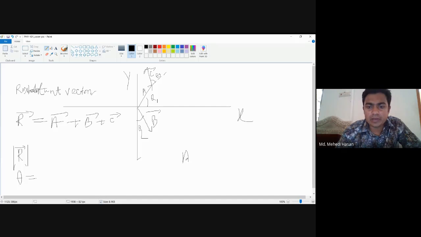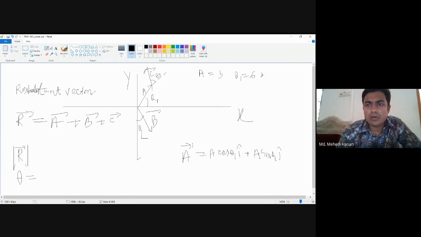In case of the A vector, we have to calculate A cos theta 1 i plus A sin theta 1 j. Okay, so A is given, the magnitude of this vector is given, say 3, and theta 1 is given 60 degrees.